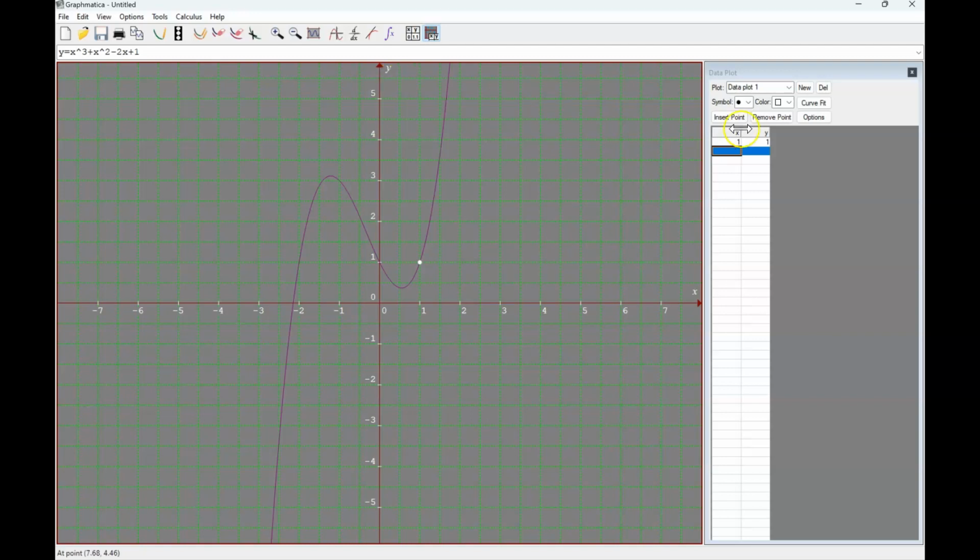And then we had the point 2.05, which I wrote down in my notes.